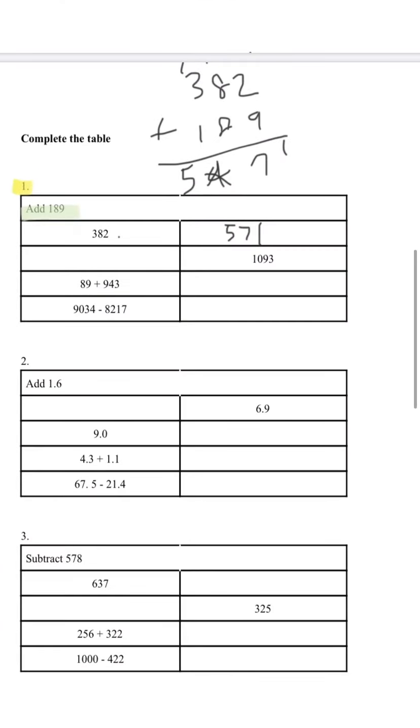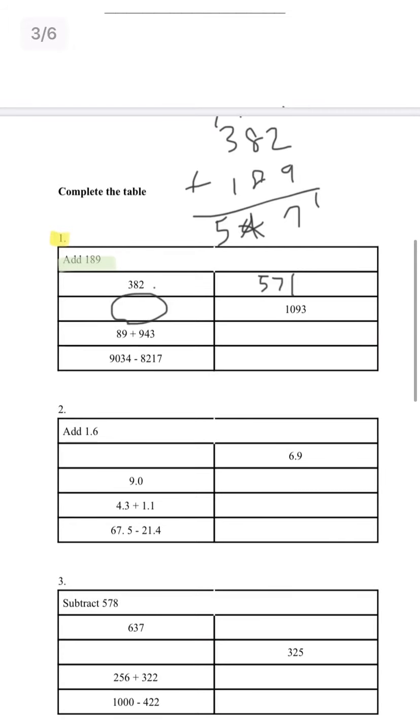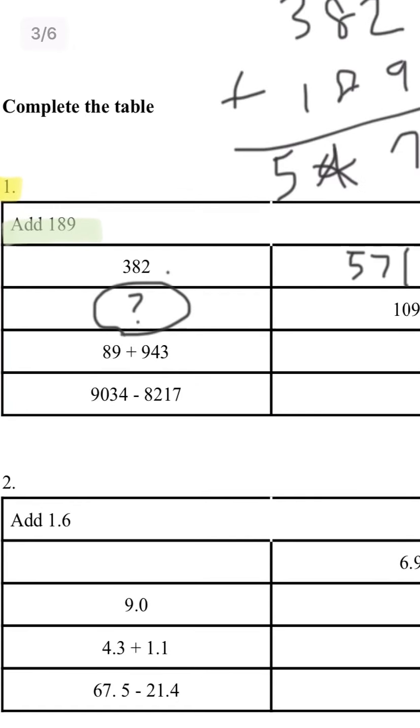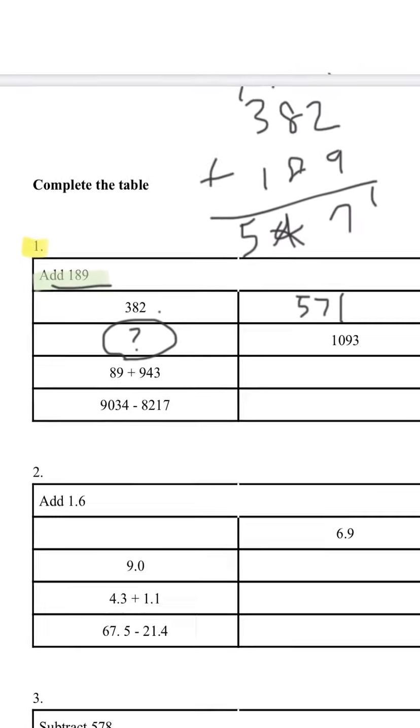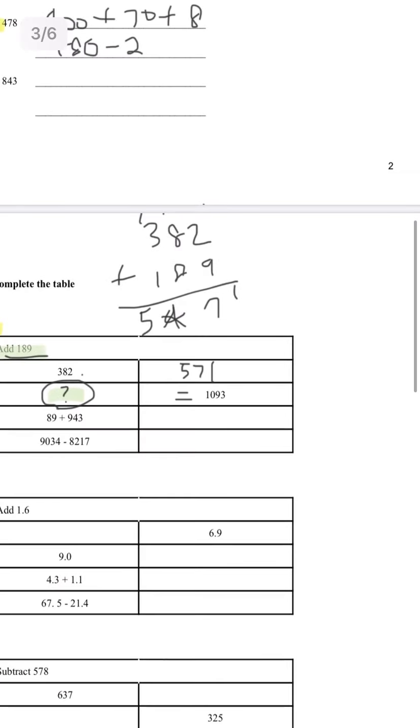Okay, next blank. Well, we don't know. So this blank plus 189 equals 1093, right? So then to find this blank, what should we do? Well, we should subtract, right?